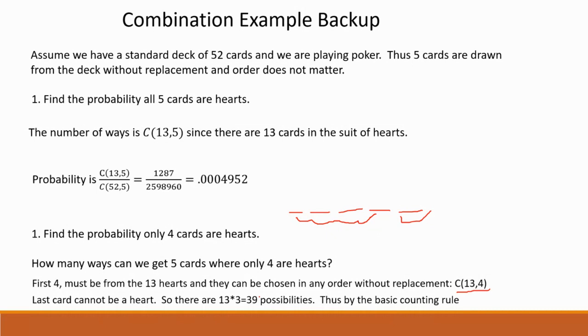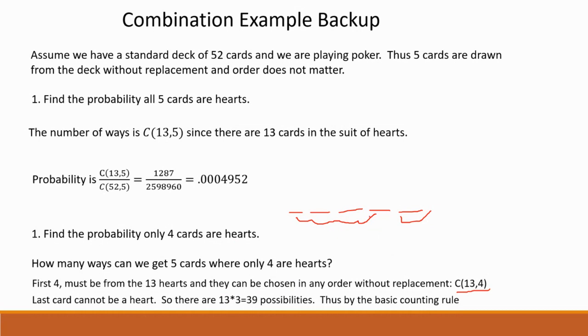If there are 13 cards that are hearts, and there's 52 cards altogether, there's 39 cards that are not hearts. Or if you want, you can think of it this way. The other suits, spades, diamonds, and clubs, each of those is a suit. Each have 13 cards in them. So there's 39 remaining possibilities for the last card.